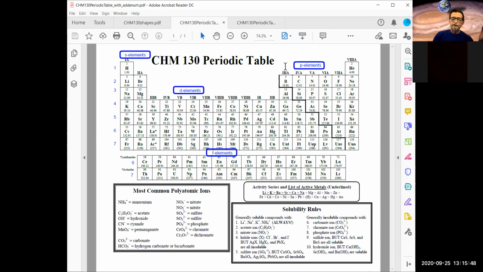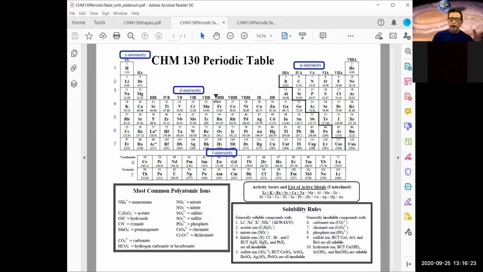If we shoot across to the 3A that's underneath boron and we go all the way across, think of those starting at 3A as the P elements or the P block. There are 6 columns in that P block, okay, starting with boron. If we go from boron, number 5, shoot across the periodic table, we got 6 columns, which corresponds to P1, P2, P3, P4, P5, and P6 as we go across the periodic table.